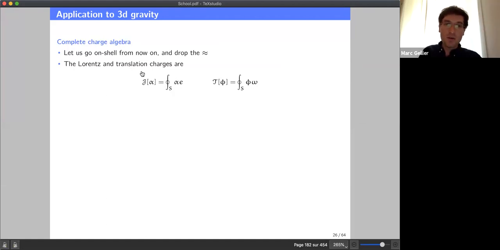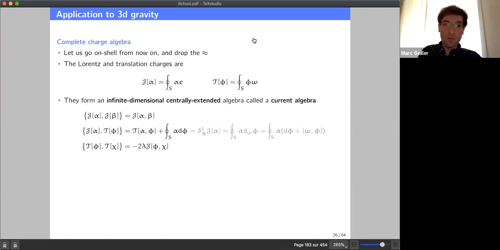So we just showed that the charge for Lorentz transformations, curly J of alpha, is this integral of alpha E. If you repeat the same computation as on the previous slide for the translations, you will see that the charge for translations is the integral over the one-dimensional boundary of phi times omega.